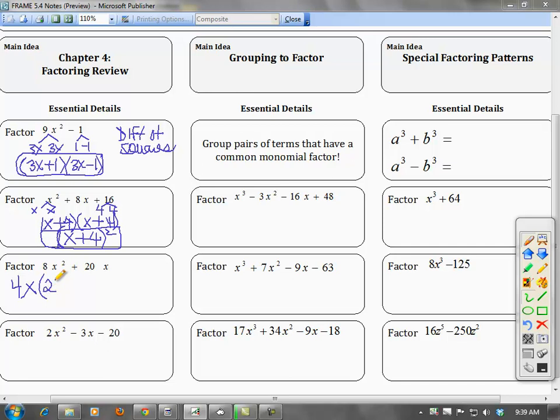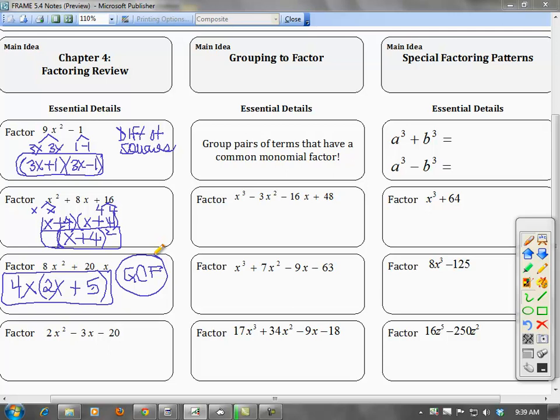When I take 1 out, I get an additional x. Plus, 20 divided by 4 is 5. I had an x, but I took it out, so I closed my parentheses. And we're done here because we ended with a linear factor, something that looks like mx plus b. This was called pulling out the greatest common factor, the GCF.